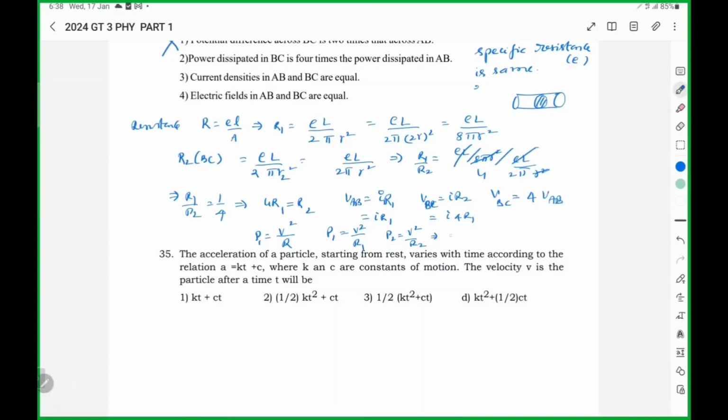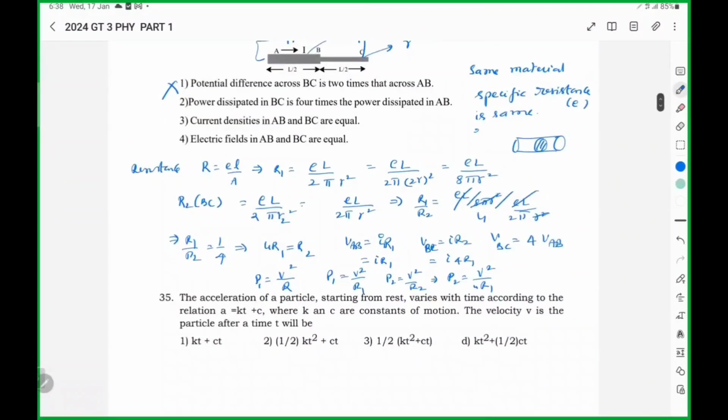So here P2 will be, R2 is 4R1, so the power dissipated in BC is 1/4 of the power dissipated in AB. Better correct it: 4 times. First option becomes correct, 4 times.